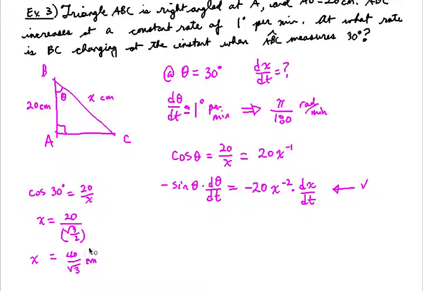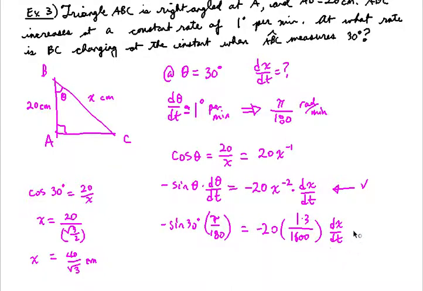Now I'm ready to plug that in. I have minus sine of 30 degrees times pi over 180 equals minus 20 times, now this is going to be on the bottom here, so that's 1 over 40 squared over 3, that would be 1600 over 3, so I'm just going to move that 3 up to here, times dx/dt, and that's what we're looking for.